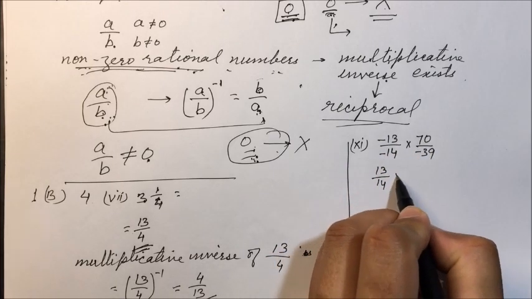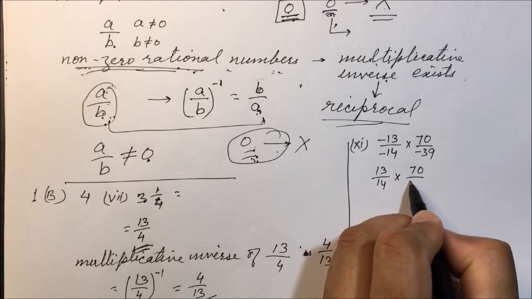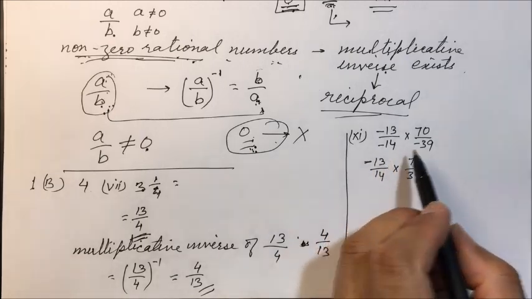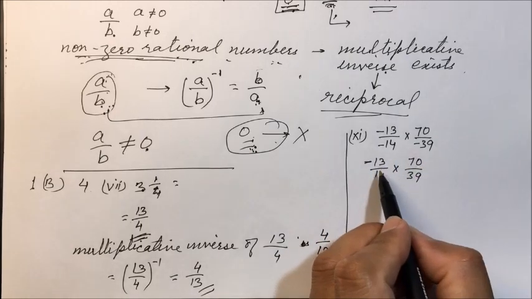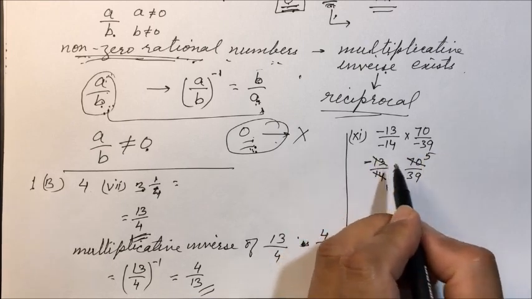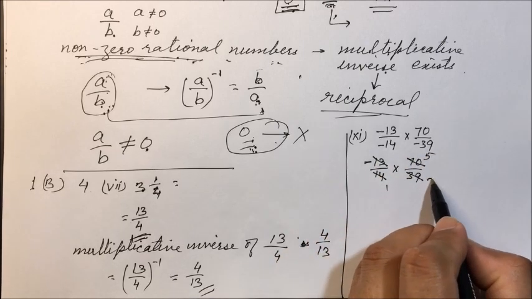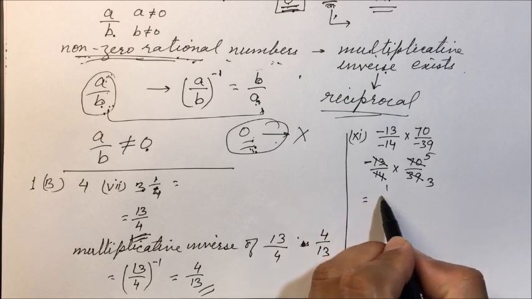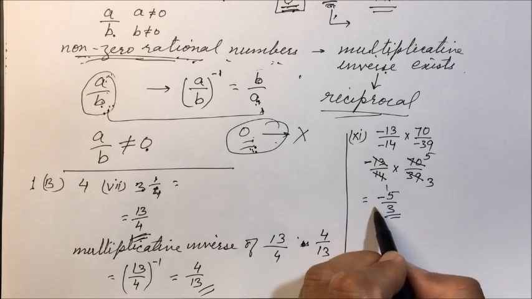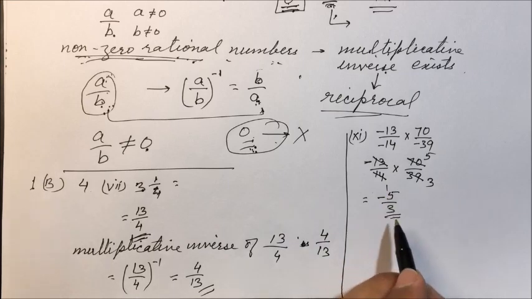So it is 13 upon 14 into 70 upon 39, and here I am putting 1 minus. Now we can cancel them. 14 ones are 14, 5 fourteens are 70, 13 ones are 13, 13 threes are 39. So we are getting minus 5 upon 3, and we have to find the multiplicative inverse of minus 5 upon 3.